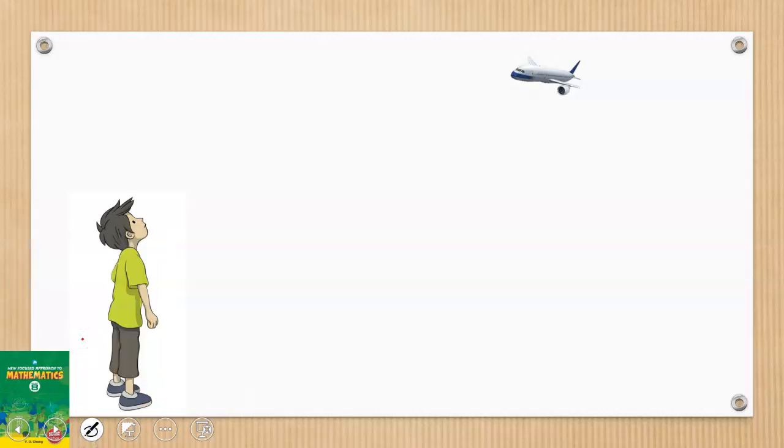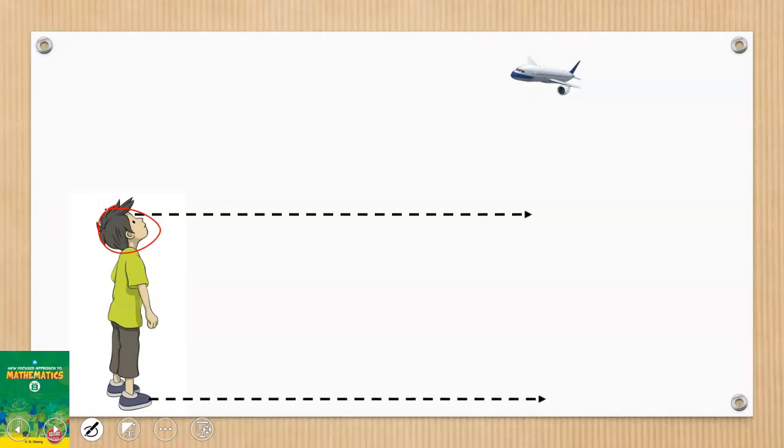If your head is not lifted up, in your normal sight you are supposed to view things horizontally. If you don't lift up your head, your normal sight always goes horizontal, parallel to the ground, irrespective of where you are standing. The assumption is that your sight is parallel to the ground.